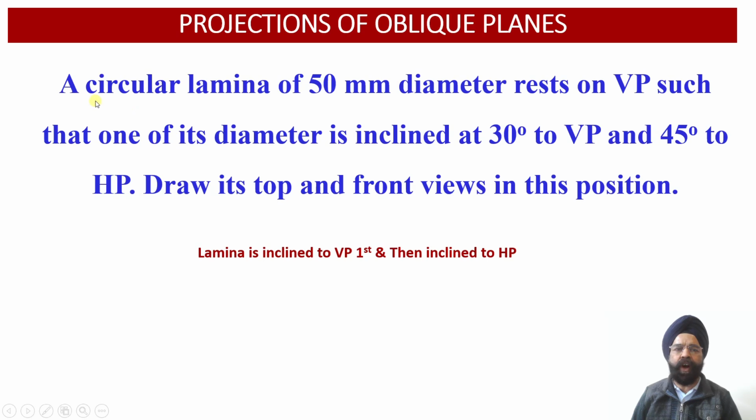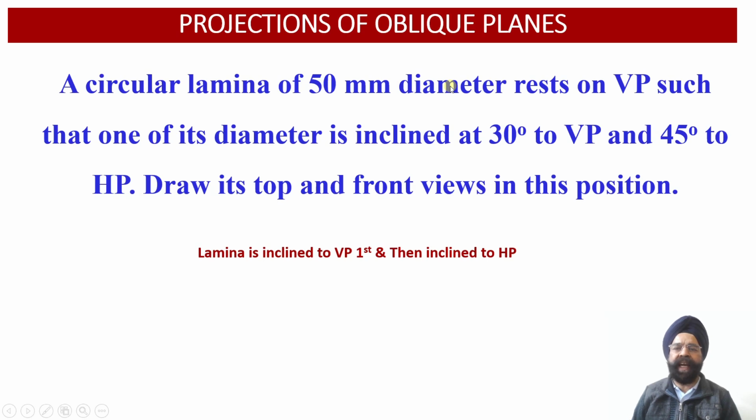So here we have a circular lamina having a diameter equal to 50 millimeter, and this circular lamina is resting on the vertical plane in such a way that one of its diameters is inclined at an angle of 30 degree to the vertical plane and 45 degree to the horizontal plane. So we are required to evaluate the orthographic top view and the front view of this particular circular lamina.